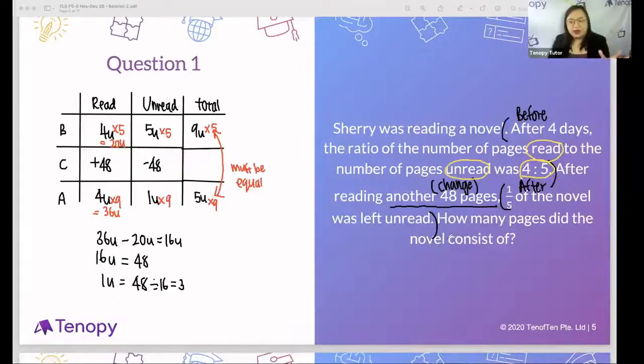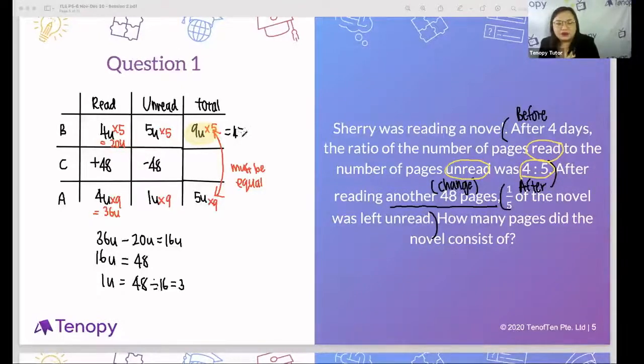Okay, look at the table. Just look under total. We already classified them into read, unread, and total. So look at the total. It's stated as how many units? Okay, it's written there as 9 units times 5. Okay, under your total. Let me highlight. This is the part. 9 times 5 is 45.